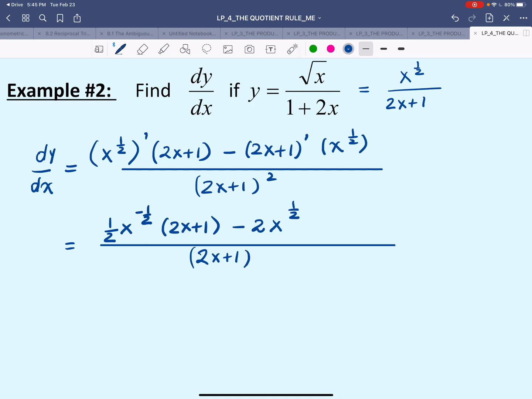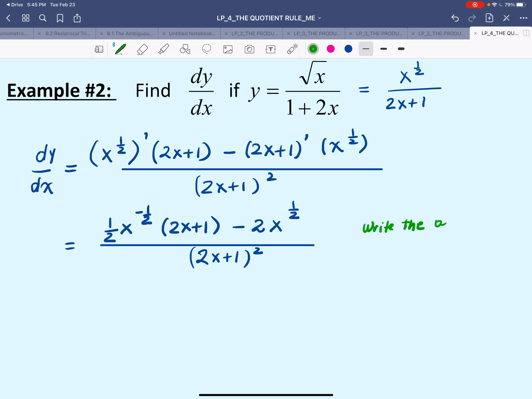Now, one very important thing that we usually focus on when we differentiate functions is we try to write the final answer in the most simplified and factored form. So you will see that very often.